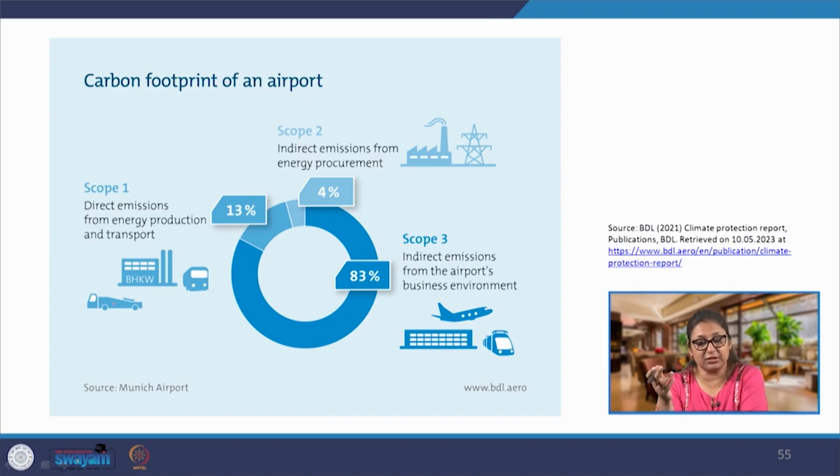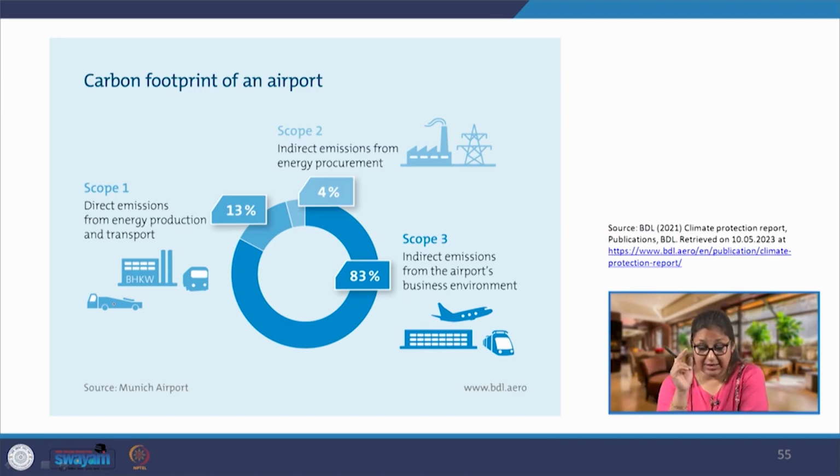Indirect emissions from energy procurement are 4% only, but then there are the indirect emissions from the airport business. Now, you have to clearly understand that all the aircraft that are coming in and going out are not owned. There is no control of the airport over those companies and their aircraft. That is all going in scope 3 emissions.